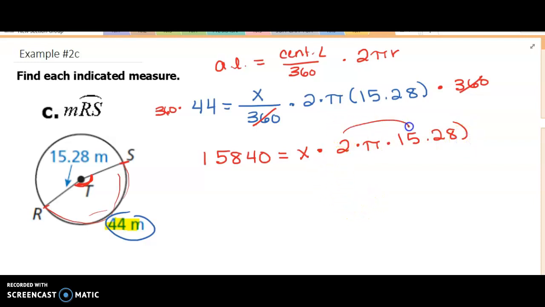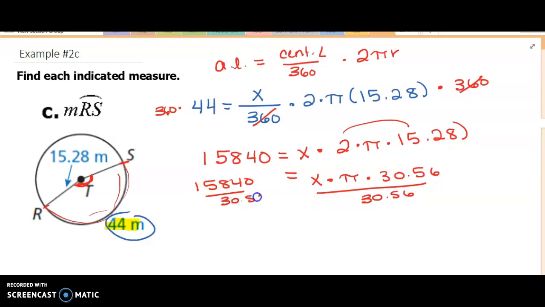Okay, well, I can go ahead and multiply 15.28 times 2, I get 30.56. So 15,840 equals 30.56 times x times pi. If I divide this by 30.56, I get roughly 518.2 equals x times pi.